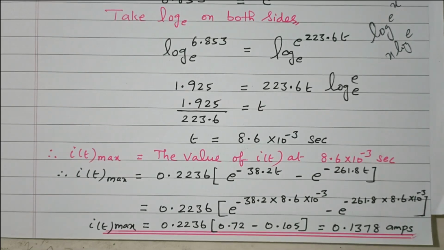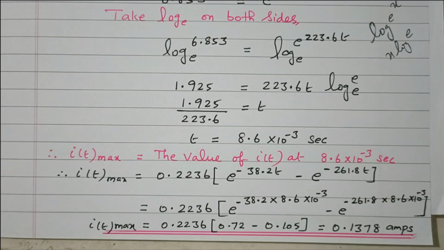So in this video, we discussed the solved problem based on the RLC circuit. We framed the equation using KVL. Then we took the Laplace transformation. By quadratic equation, we solved. Then we used the partial fraction technique. We split the equation, thereby we calculated K1 and K2.